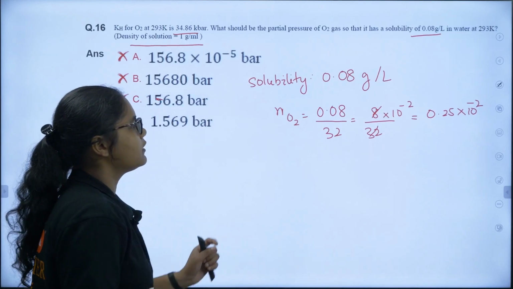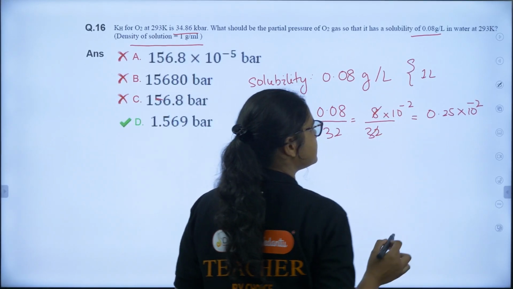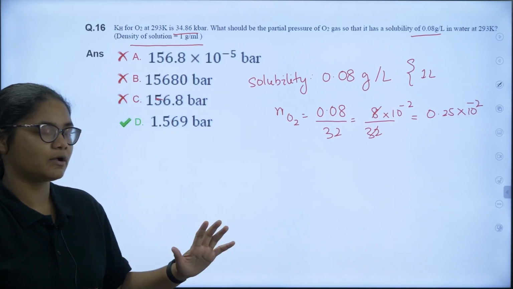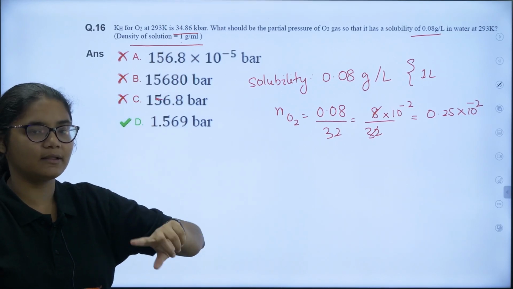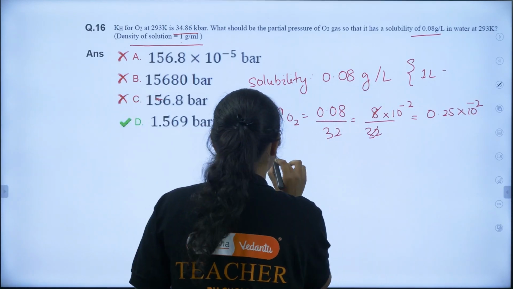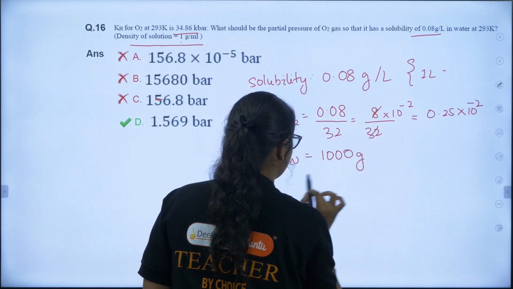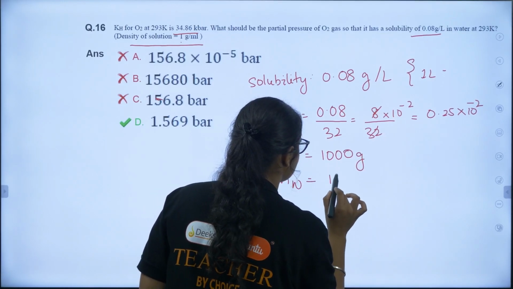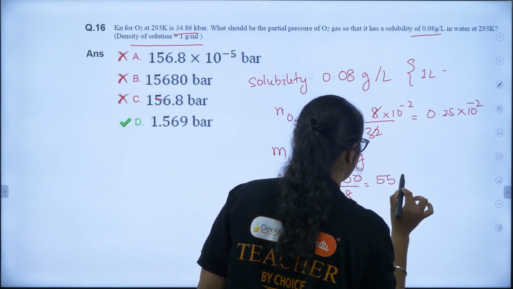Clear? Now what is the mass of water? This is 1 liter, and density is given as 1, so 1 ml is 1 gram, so 1000 ml will be 1000 gram. So the mass of water is 1000 gram. The number of moles of water will be 1000 by 18, given molar mass, that is 55.5.